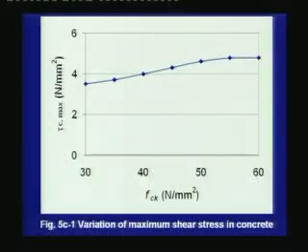The tau c max is given for different grades of concrete. If we plot the values, then we observe that there is an increase of tau c max from grade 30 to grade 60, but roughly the value of tau c max is around 4 Newton per millimeter square.